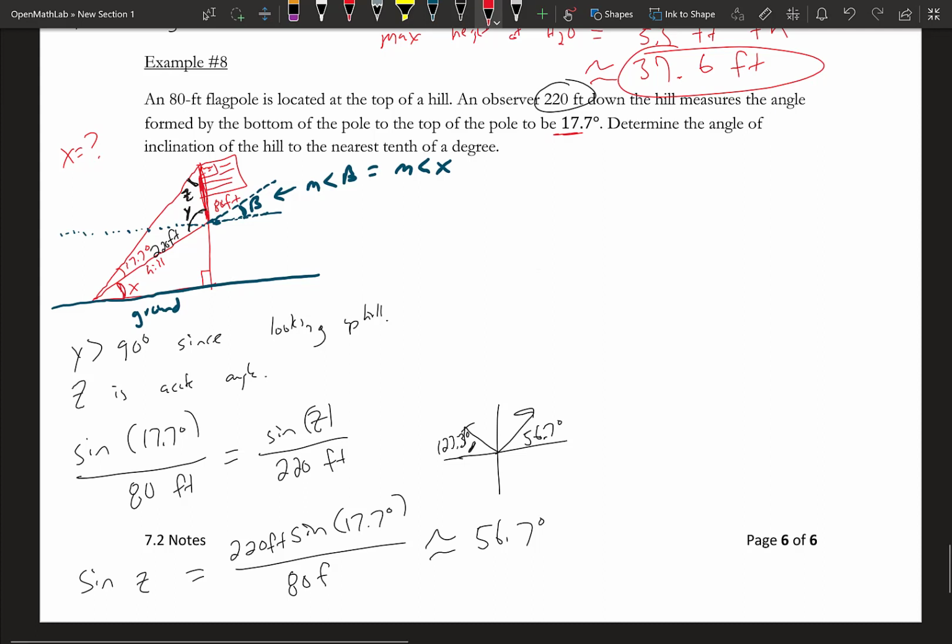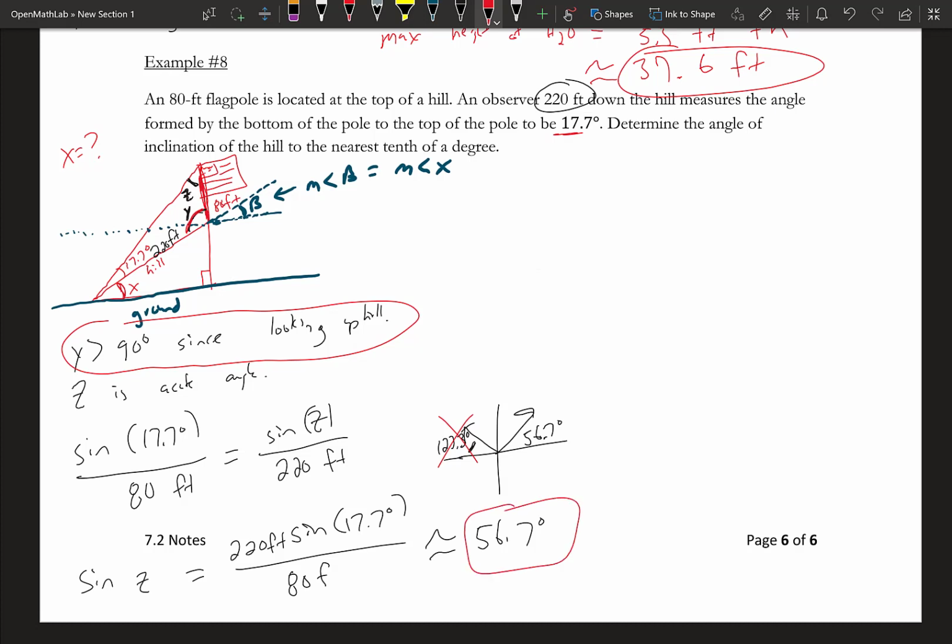But we're actually going to throw this option out because of this fact, that this part has to be obtuse, so that forces z to be an acute angle, so it's going to be stuck in the first quadrant.